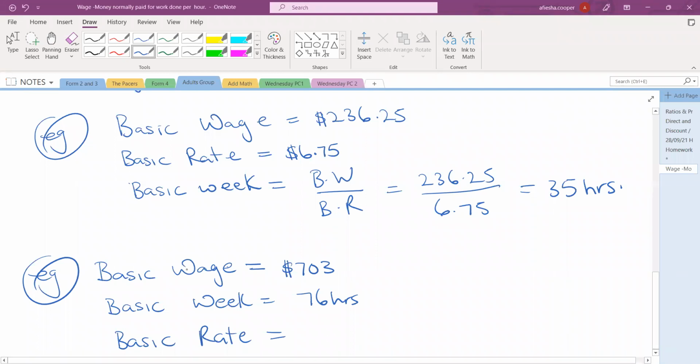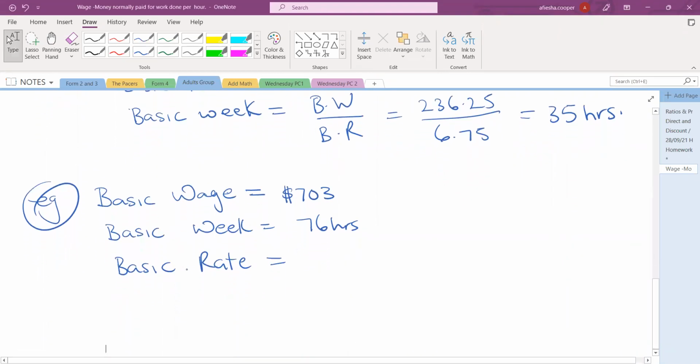So we have a third scenario that says someone works for a basic wage of $703 and their basic week, the amount of hours they work per week, is 76 hours. What is their basic rate, their hourly rate? So of course, we divide our basic wage by our basic week, which will be 703 divided by 76.